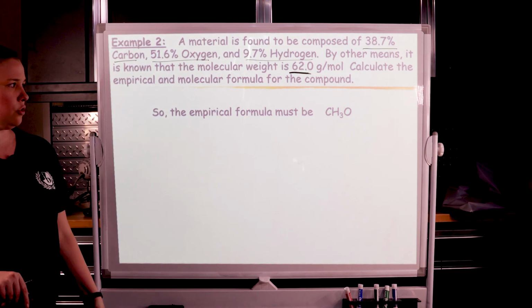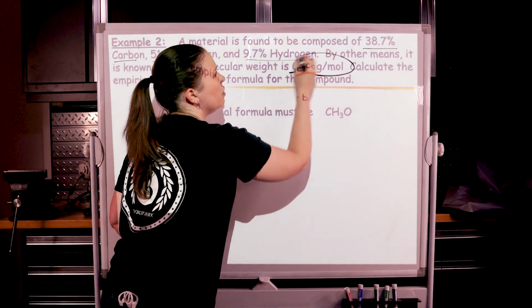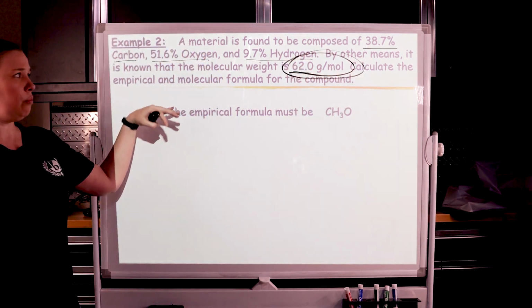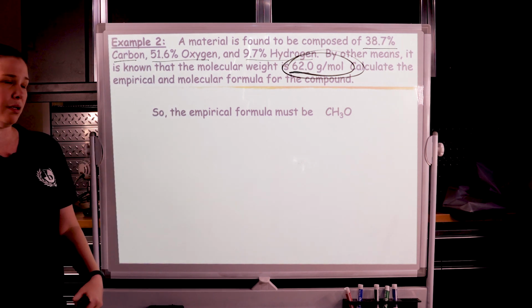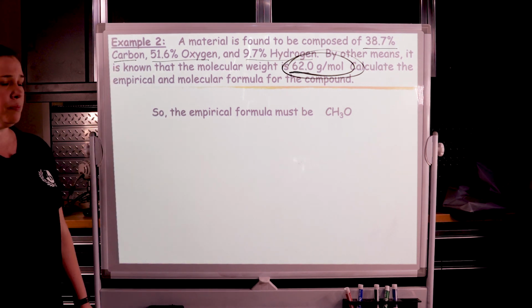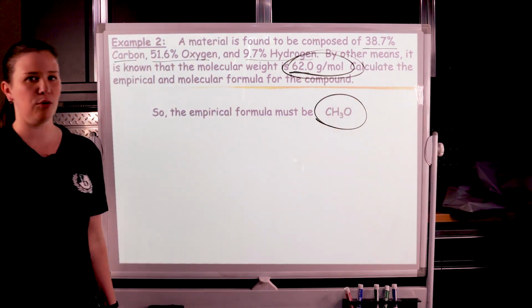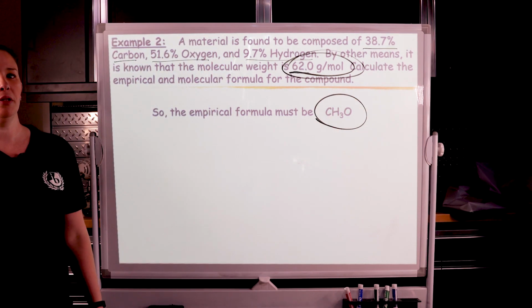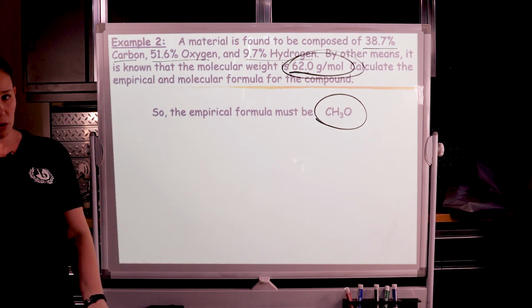So we've got CH3O. Now, we still haven't used this molar mass. We got our empirical formula, but now I have to convert to the molecular formula, and the molar mass is the key. If I find the molar mass of my base formula, my empirical formula, I can then compare that to the molar mass that we're supposed to have.